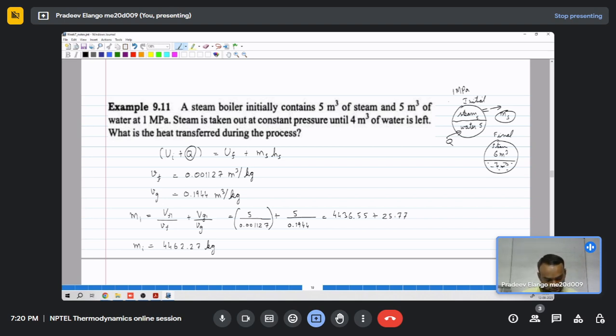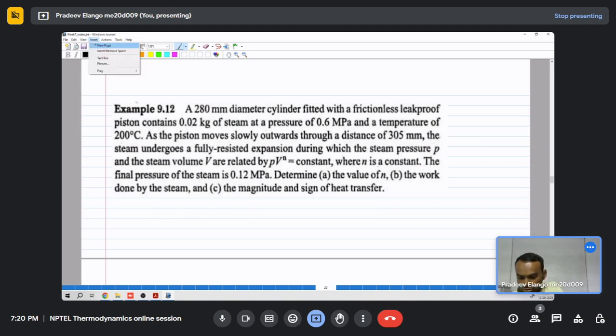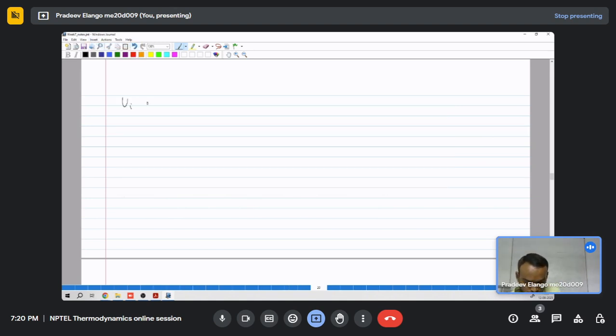Now we can calculate the internal energy as well. U initial is equal to the mass of the gas at first state into the internal energy UG, plus the mass of the fluid in first state into the internal energy of the fluid at first state.